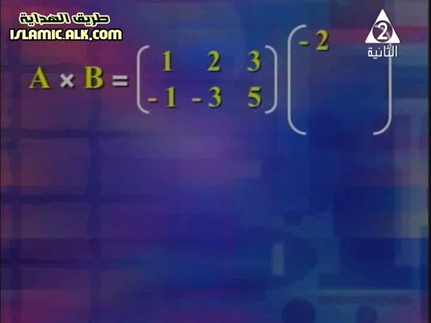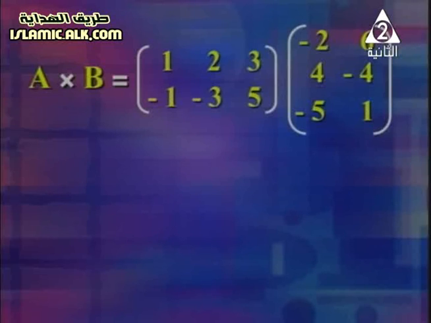A times B equals 1 2 3, negative 1 negative 3 5, times negative 2 6, 4 negative 4, negative 5 1. Look, when multiplying A times B, we use the first row and multiply by the corresponding elements in the first column: 1 times negative 2, 2 times 4, 3 times negative 5.